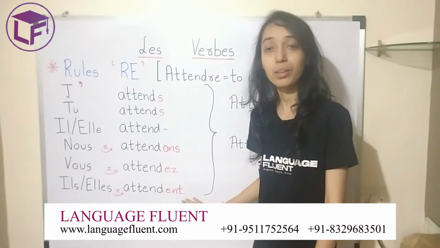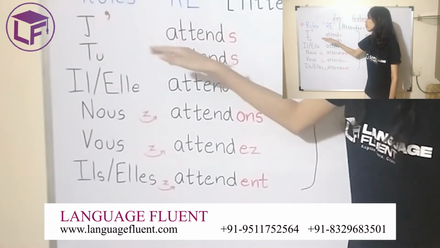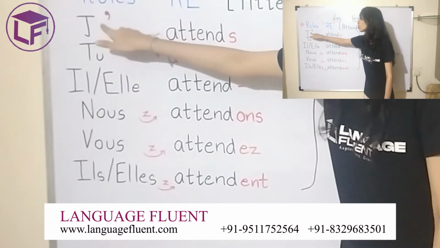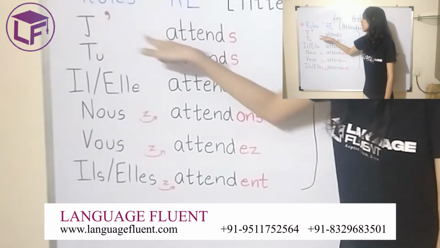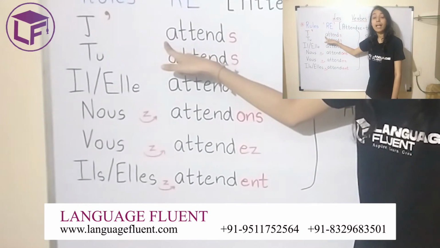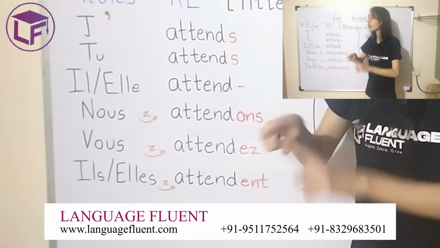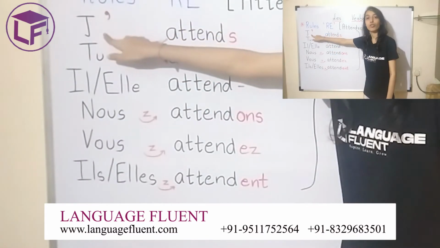Now another rule: in the je form we add an apostrophe as the verb starts with a vowel. So here je has E but I haven't written E because E and A are vowels, and when two vowels in the je form clash together, we don't write E, instead we add an apostrophe.